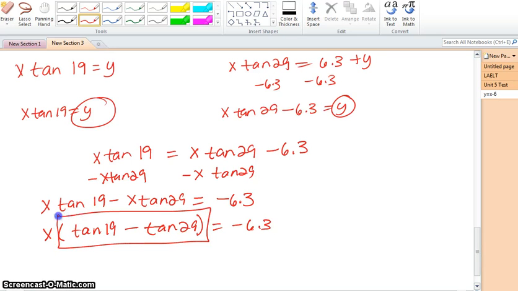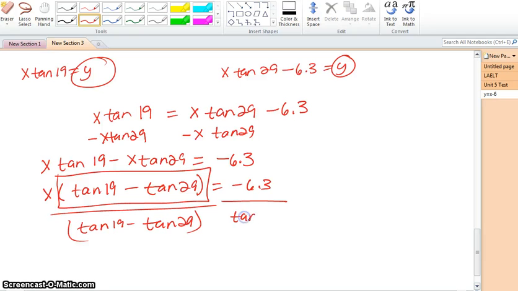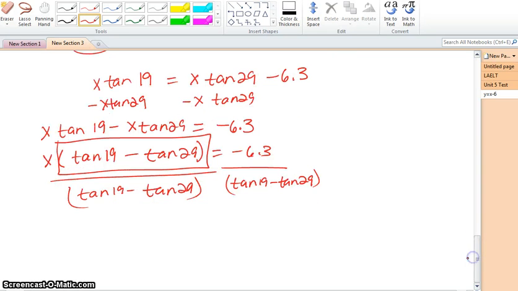And this is a value that your calculator can find for you. It is also a value that can be divided away on both sides. So this expression, tangent 19 minus tangent 29, represents a number. So x is equal to the value of 6.3 divided by tangent 19 minus tangent 29.